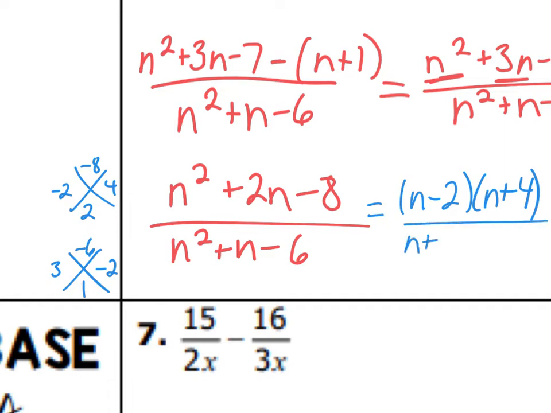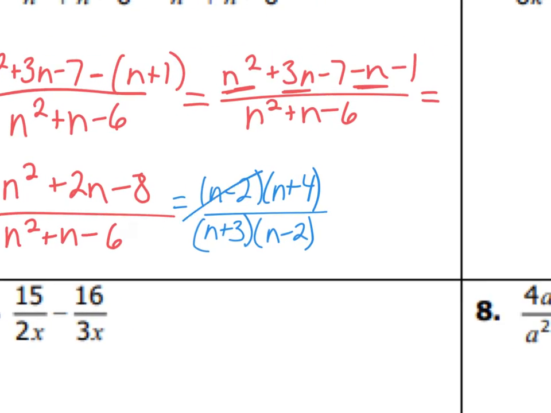So over n plus 3 times n minus 2. And what's going to cancel? The n minus 2's, which leaves me with what? Perfection. N plus 4 over n plus 3. That's my final answer, correct? Because those are 2 binomials that are not the same, so they cannot be simplified.